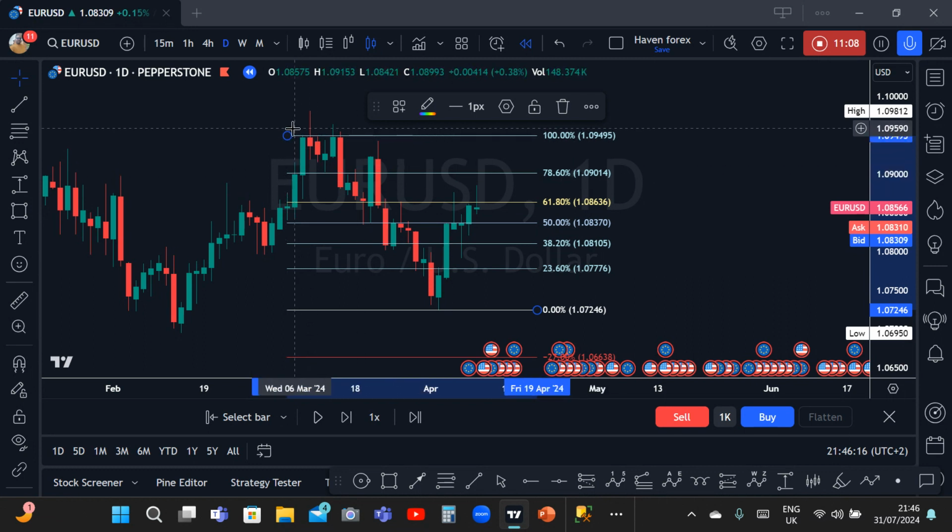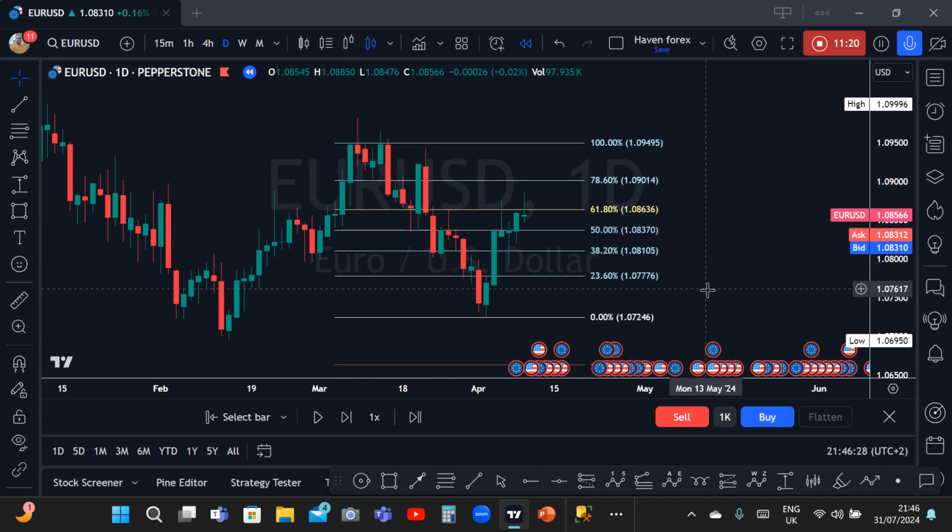This is 100% at the top, then stretch it and put the 0.0% at the level where it started the retracement. So what you should be expecting here now, between this 23.6, 38.20, 50%, 61.8, 78.60, this is where you should be expecting price to get to before it resumes the underlying trend.